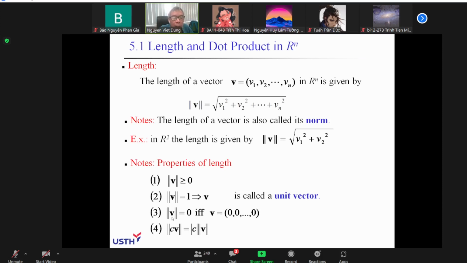Property number 3 says that a vector has length 0 if and only if V is the zero vector, meaning all the components are 0. And property number 4 says that if we multiply V by a number C, its length will be the absolute value of C multiplied by the length of V.